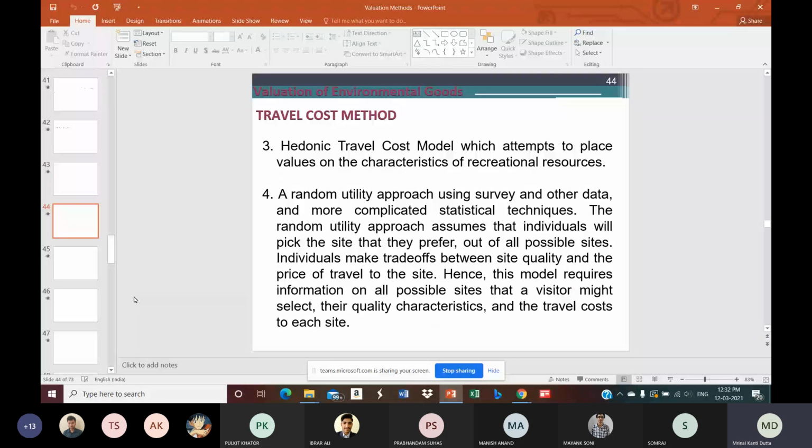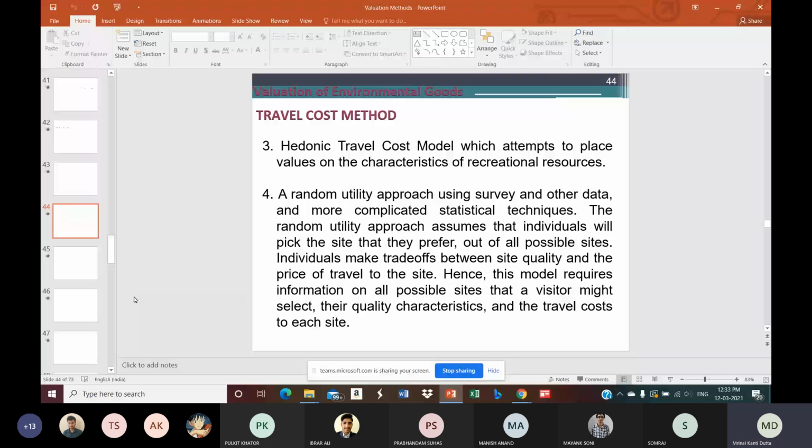Another thing is the hedonic travel cost method, which will attempt to place values on the characteristics of recreational resources.